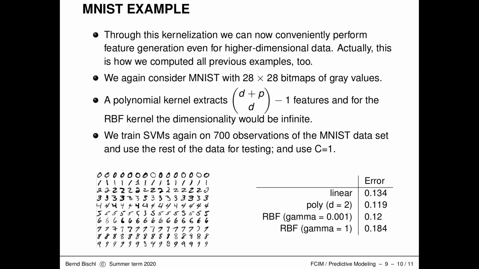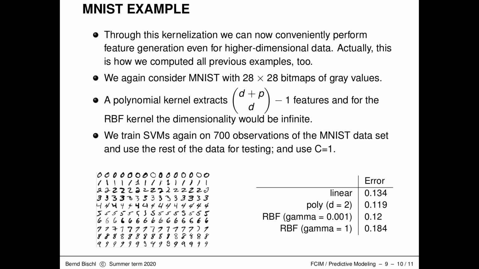All of this is now very well and quite efficiently computable. And actually, this is how I did this before, also in the first lecture unit, so I cheated a little bit there. I didn't really explicitly compute the feature expansion. I just already used kernels because this is equivalent to the explicit feature generation.